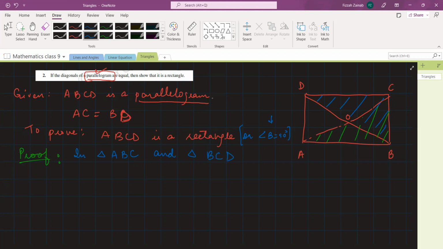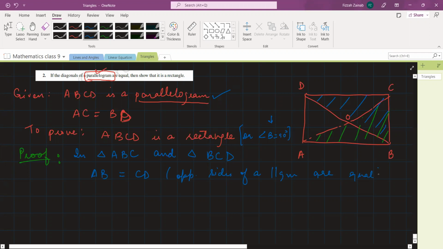Now, it is already a parallelogram. That means the opposite sides are equal in length. So I can say that AB is equal to CD. Is that clear? Opposite sides of a parallelogram are equal, right? And BC is equal to BC, which is a common side.